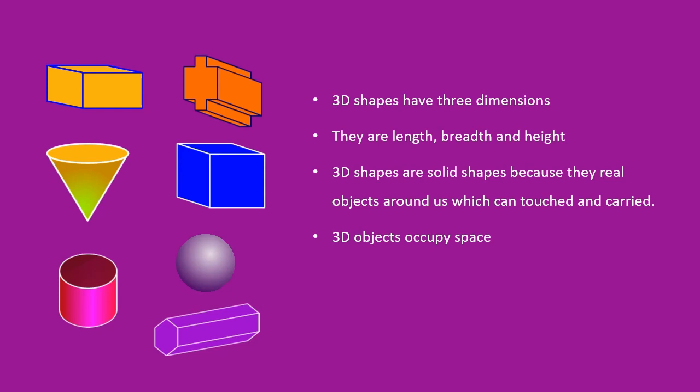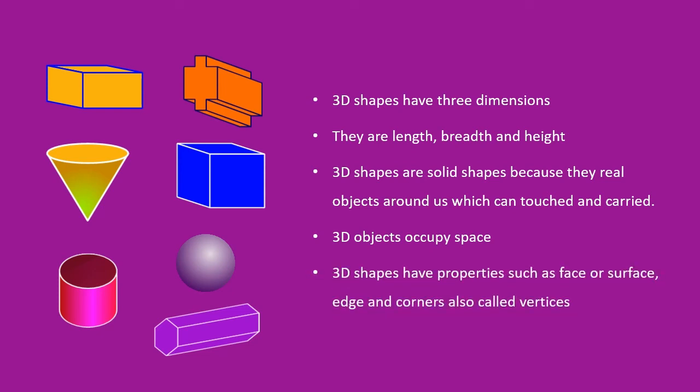Finally, 3D objects have surfaces, edges, and corners. In most cases, 3D surfaces are termed face or faces, while the corner is vertex. Let's give some examples of 3D shapes.